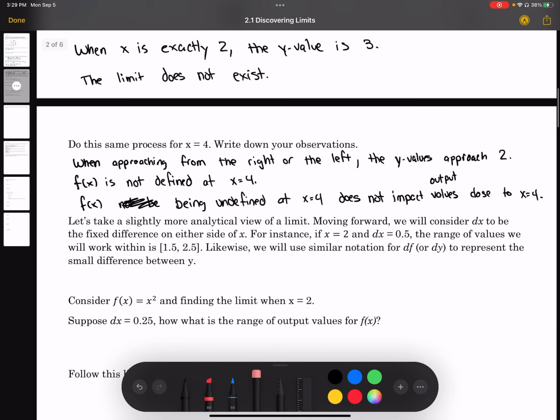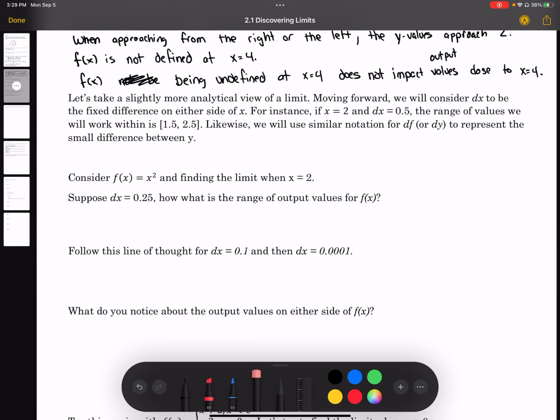So now if we did this analytically, we could consider the function f of x equals x squared. And we want to find the limit as x approaches 2. We're going to suppose our delta x is 0.25. So that's going to mean that we're 0.25 up from 2 and 0.25 down from 2.